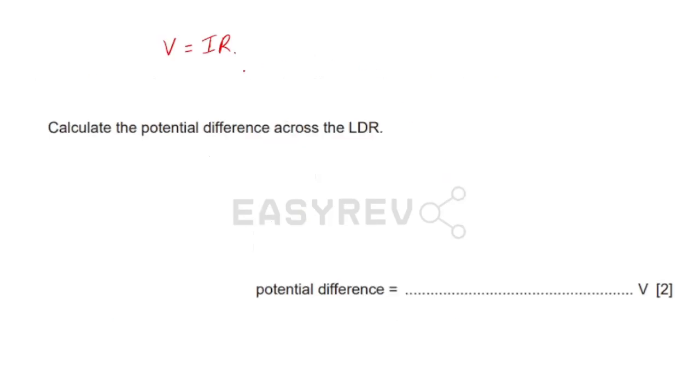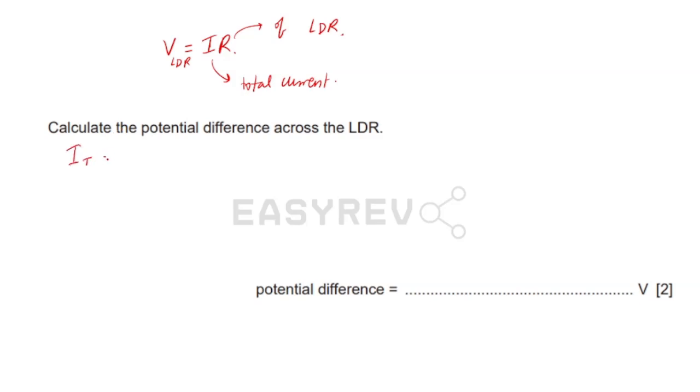Which means that even if I want to find the potential difference V for the LDR, let me label it V LDR, the current could definitely be the total current flowing through the circuit, whereas the resistance would definitely be the resistance of the LDR itself, right? So let us first solve for the total current before we use this formula.